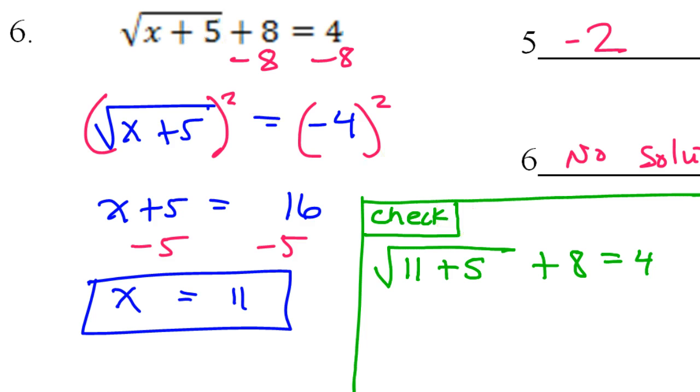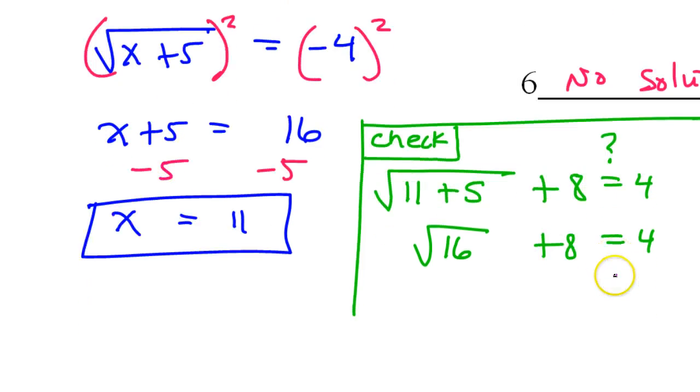Let's see what kind of nonsense they're talking about here. 11 plus 5, of course, is 16. So then I got plus 8, and that's supposed to equal 4.